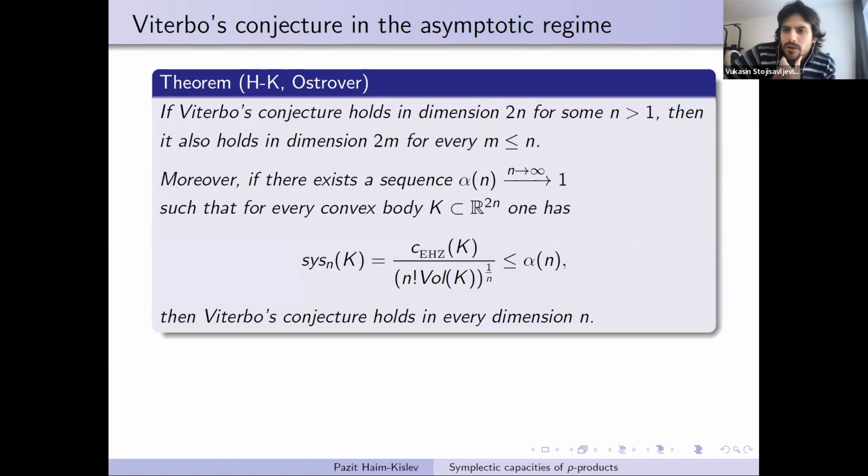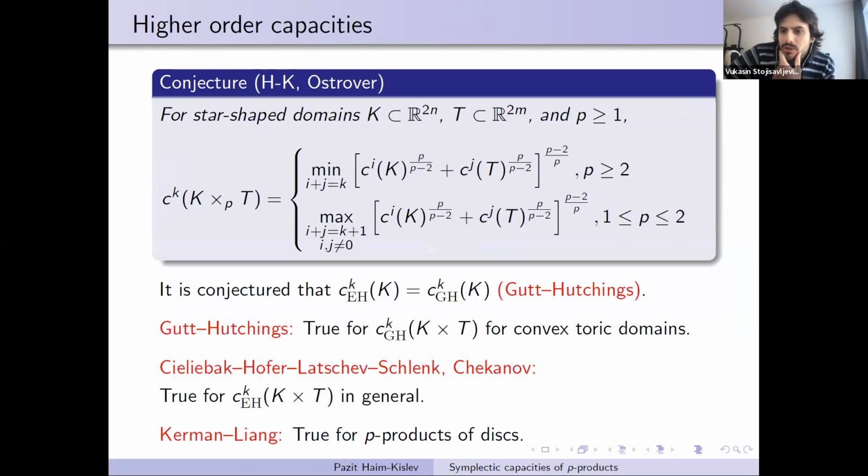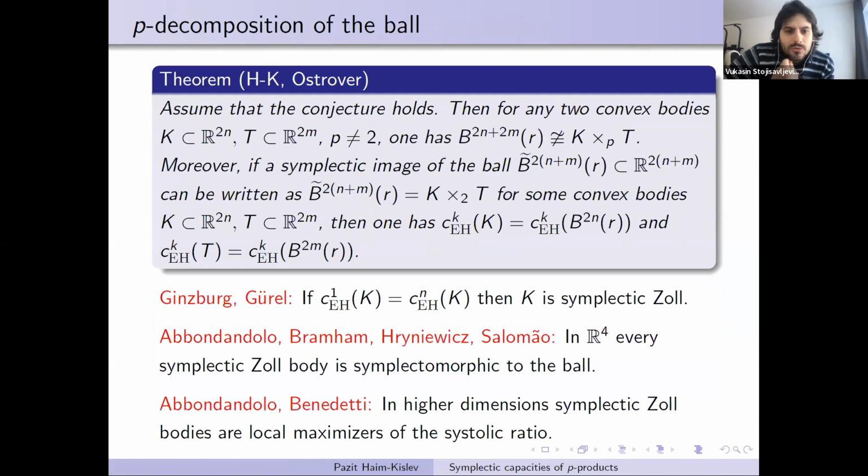In the last theorem of the decomposition, if you would allow one of the two to be star-shaped, can you say what you can make this way, as a p-product of one convex, one star-shaped?